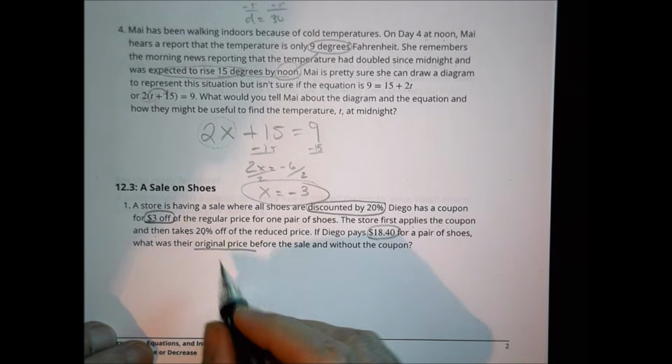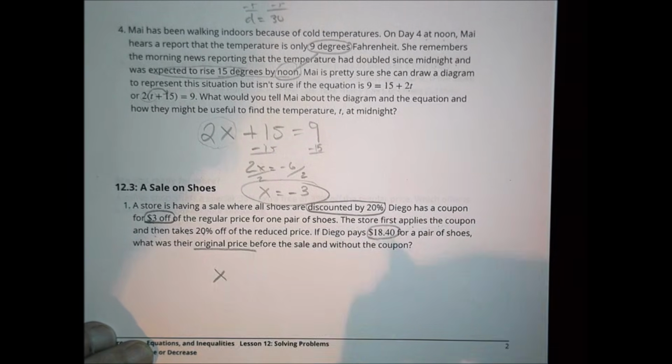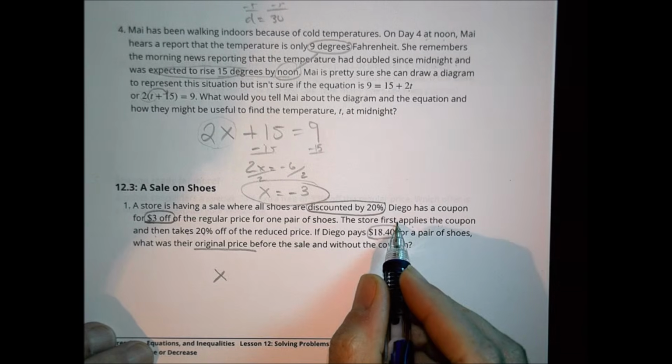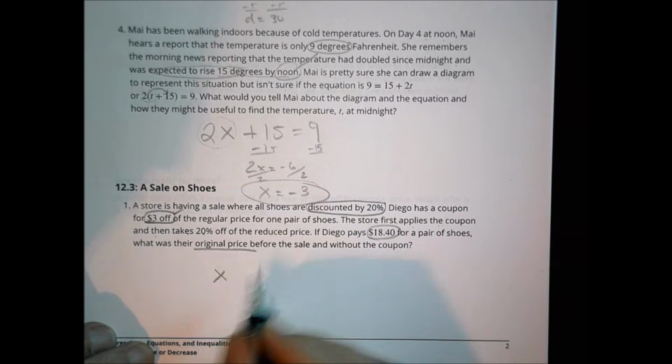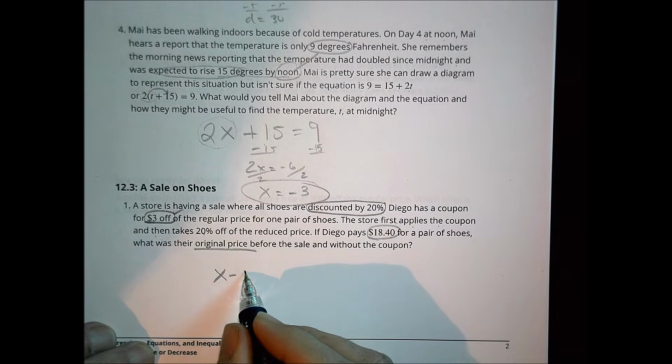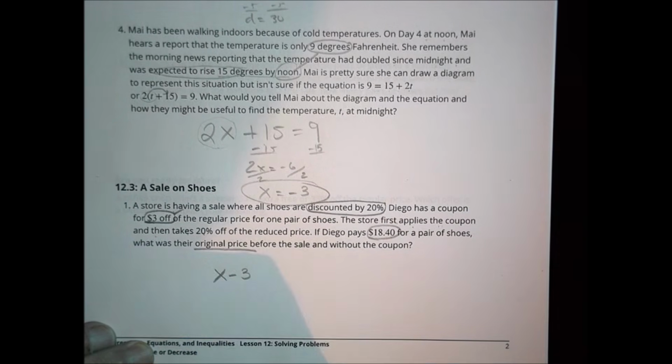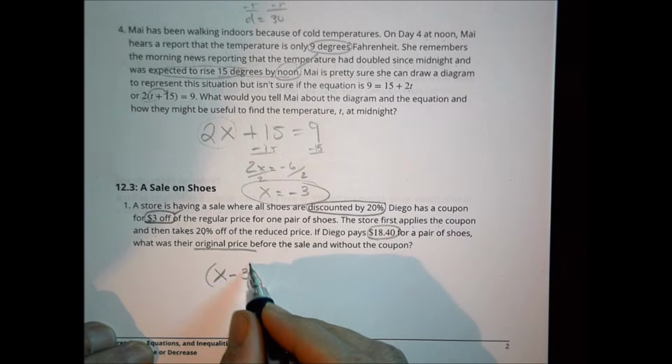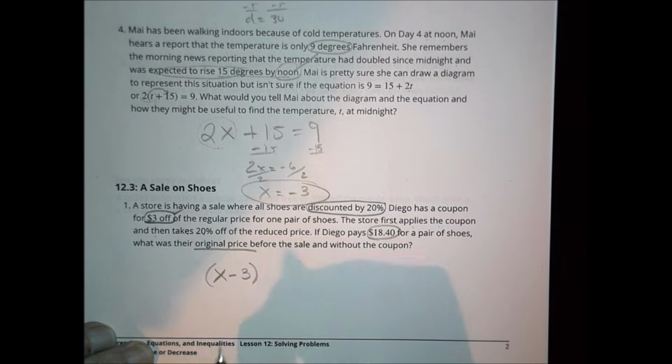There's going to be an original price x. The first thing the store does is apply the coupon. The coupon is $3 off, so whatever the price is, we're going to take off $3. Let's put it in parentheses so that it's done first. Then it's going to be discounted by 20%.